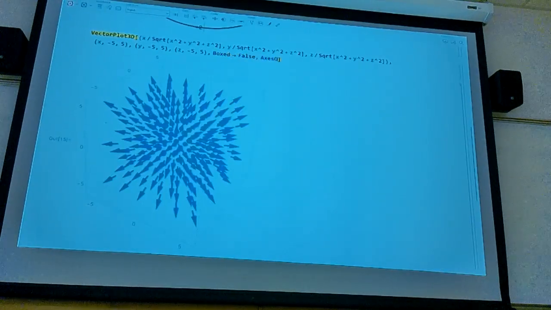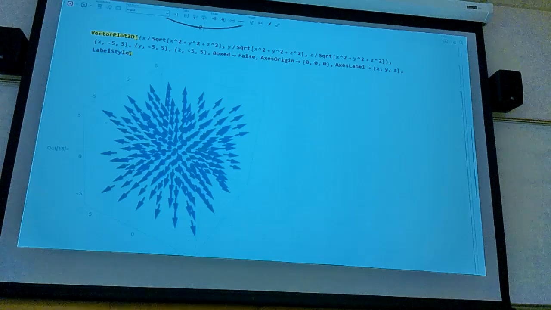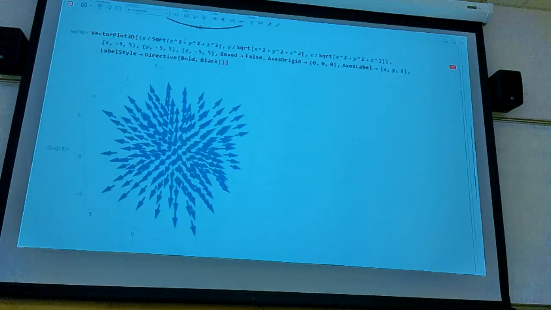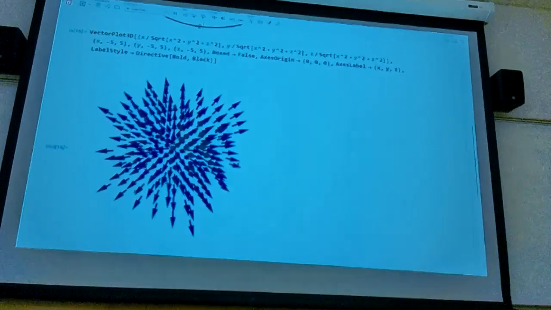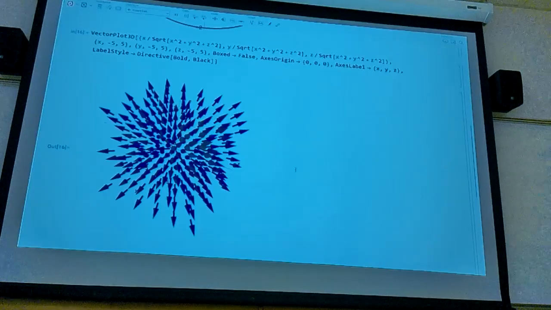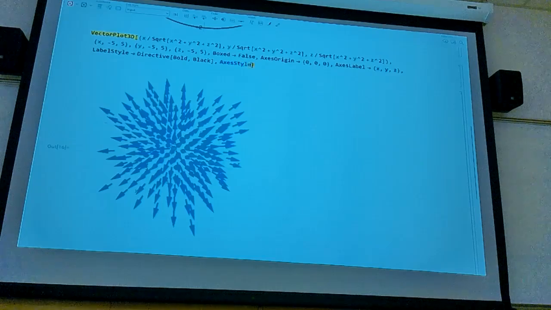Box to fall, so let's set the origin. You can also make the axes, I believe. You can do axis style. Yep.